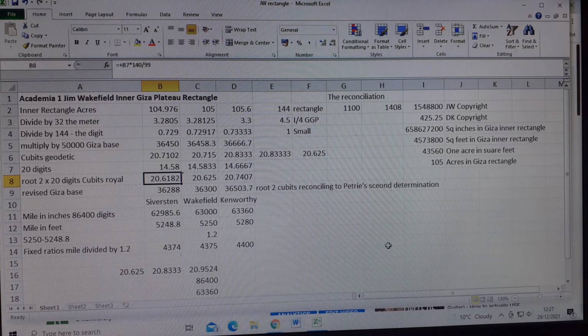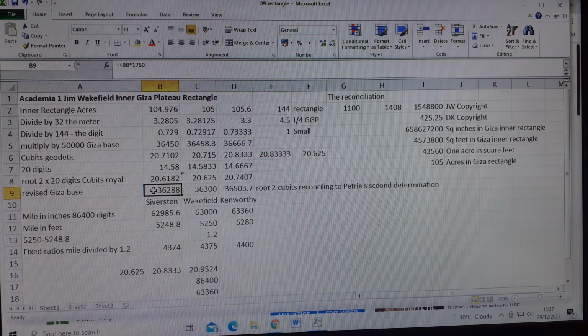So we've got 14.58 as the digit, and we're going to multiply it by 140 divided by 99, and we get Harry's cubit. And that gives us a revised Giza base when we multiply by 1760 of 36288, and that's Harry's base that he's telling us that the Giza Pyramid is definitely designed against.